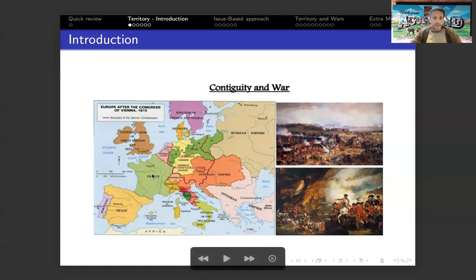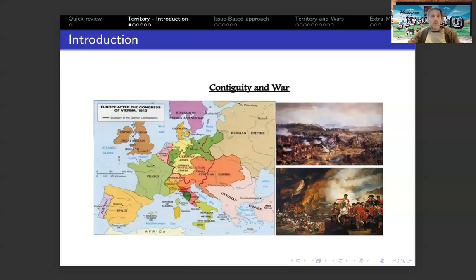You can see the close proximity between different states, and how many neighboring states engaged in conflict during the earlier and latter parts of the 19th century. We have France, the different German federations, the Austrian Empire, and the Russian Empire, all of them engaging in different types of disputes and wars, at different levels, during that time when they are neighbors, essentially.